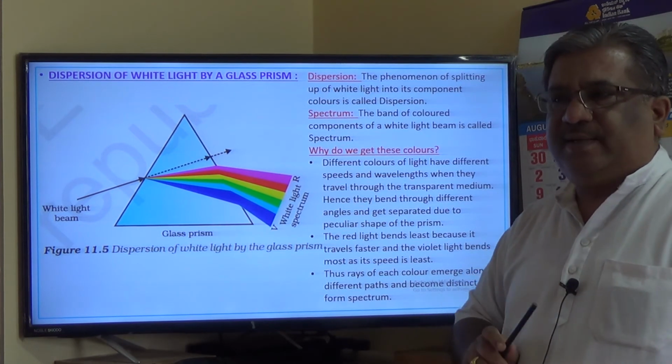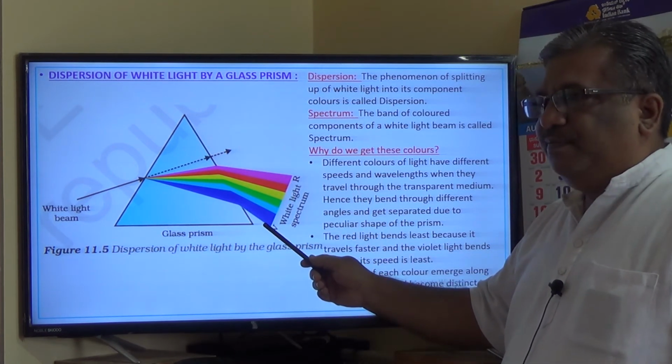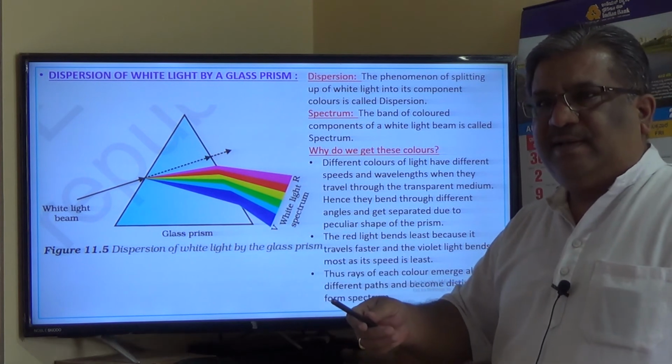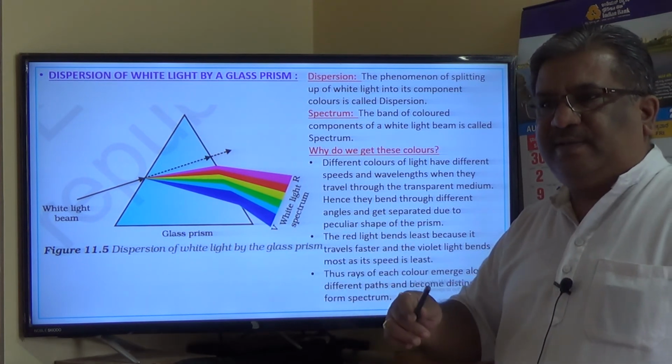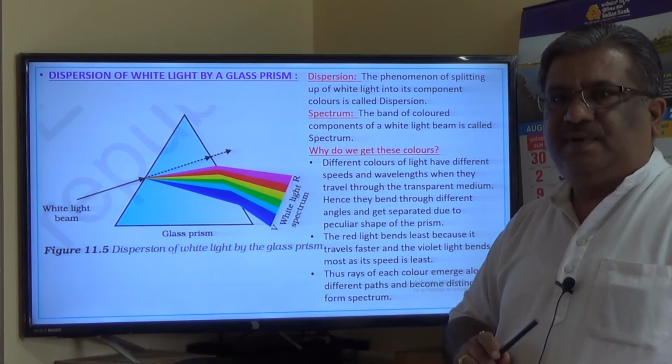One important point: different colors have different wavelengths and of course different speeds when they pass through a particular transparent medium.